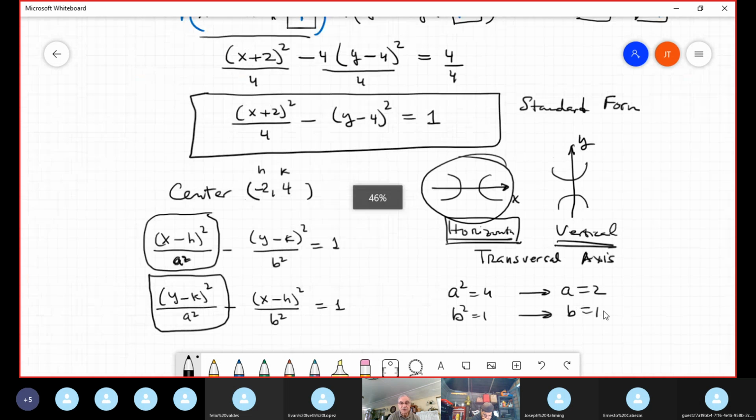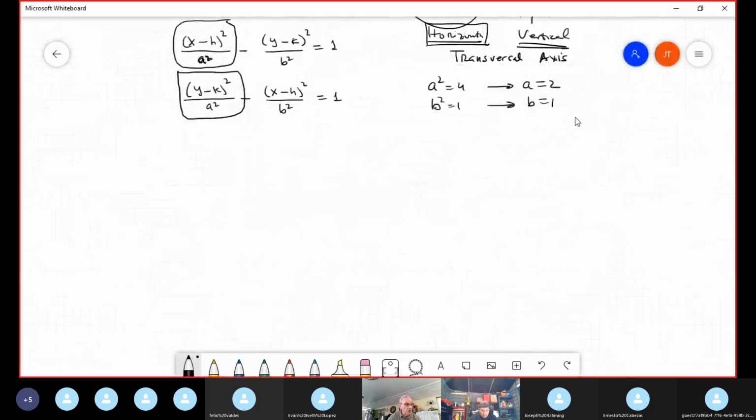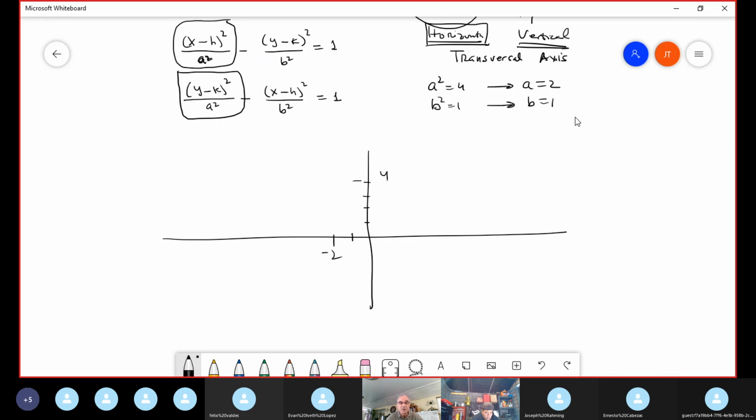Let me do a rough sketch to understand a little bit. This is my axis. The center is -2, 4. This is the center. The vertex is located at distance a, which is 2, from the center, in this direction and in this direction.